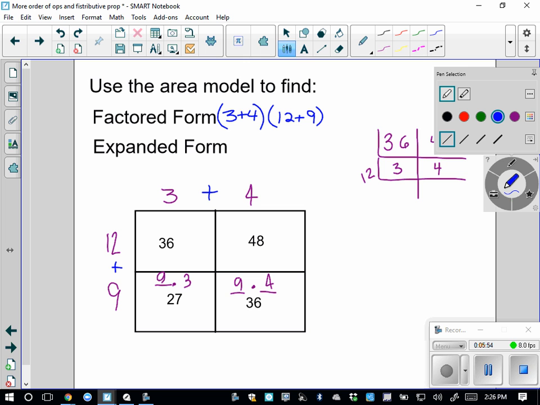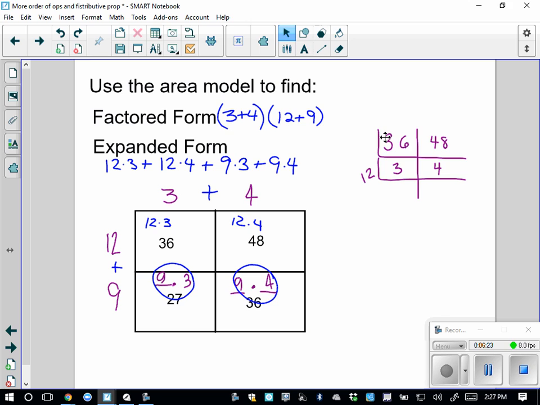And then for the expanded form, it'd be all the little pieces that we do to get to the 36 and the 48. 12 times 3 plus 12 times 4. What else, Mark? 9 times 3. Yeah, 9 times 3 plus 9 times 4. That's it.